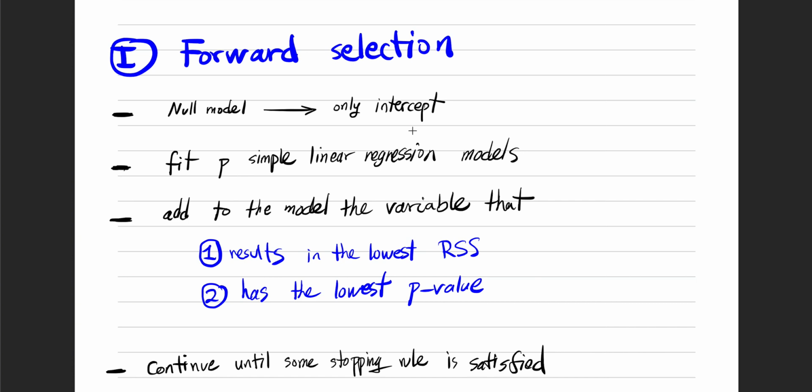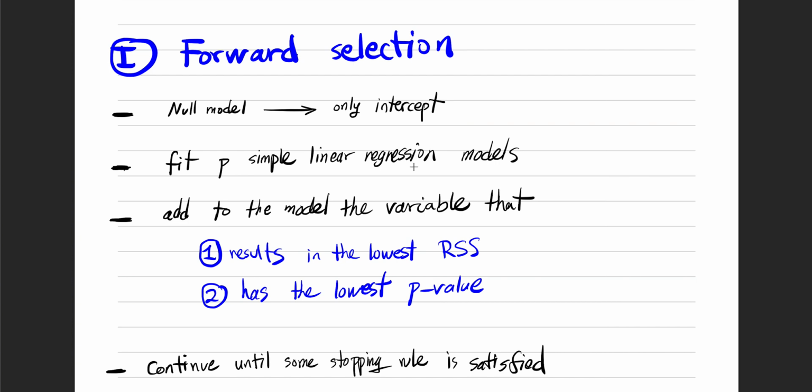Then, in the next step, it creates a list of all the p predictors, and one by one, it will fit a simple linear regression model with only that feature. That will lead to fitting p simple linear regression models. For any of these fits, it can look at the corresponding p-value of that variable. So for every predictor, we have a p-value.